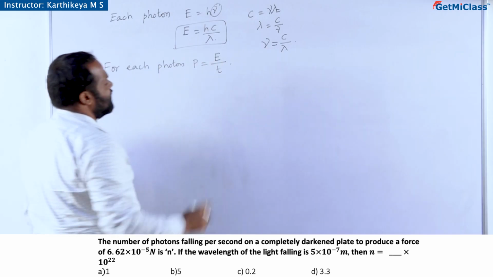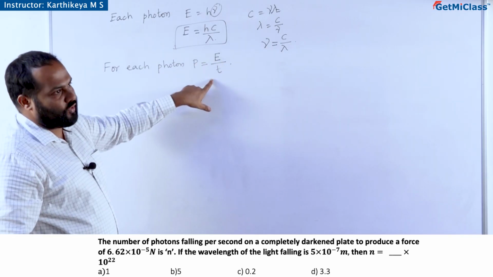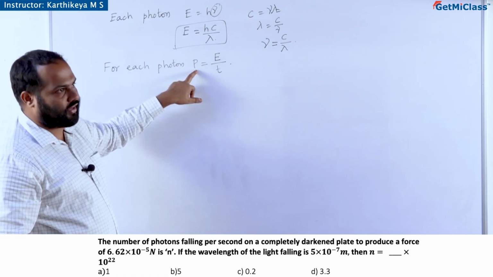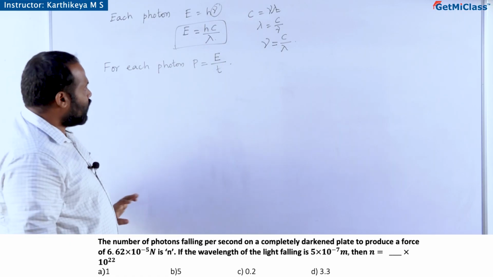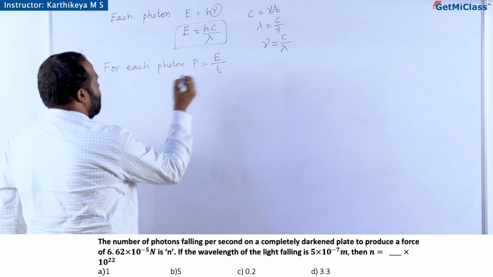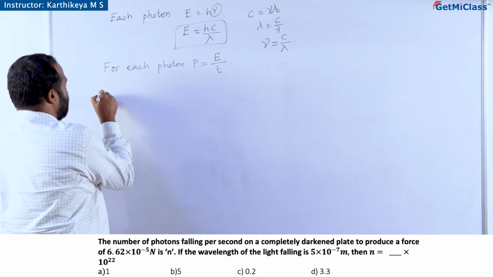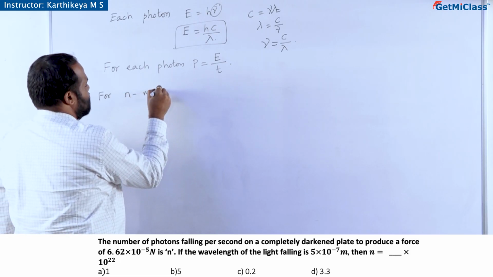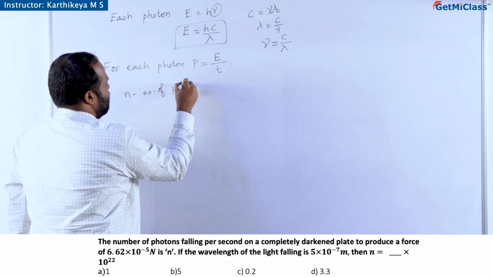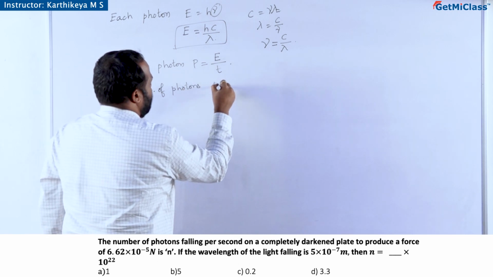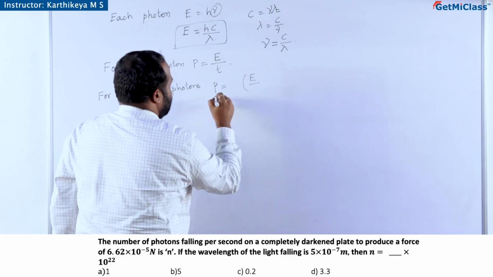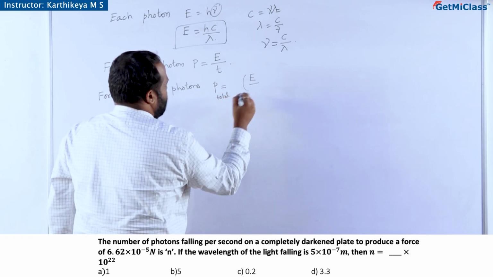By normal definition, energy per unit time, work done per unit time, is power, correct? So, that can be for n number of photons, power produced is, this is for each photon, this is the total power.